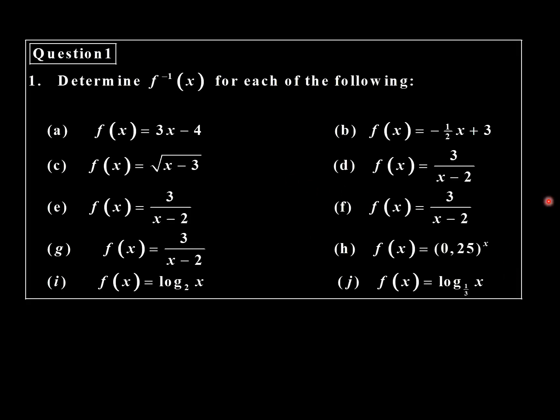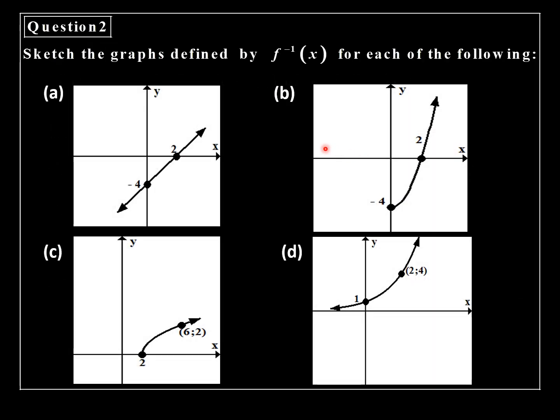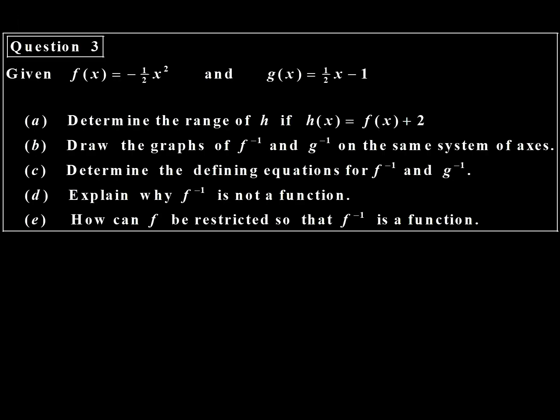Now in this first question, there are a number of rules and you have to determine the inverse rule for each one of them. Then in the next question there are 4 graphs and you have to draw the inverse graphs for each one. Question number 3, there are 2 functions.